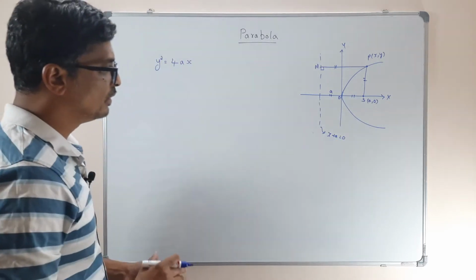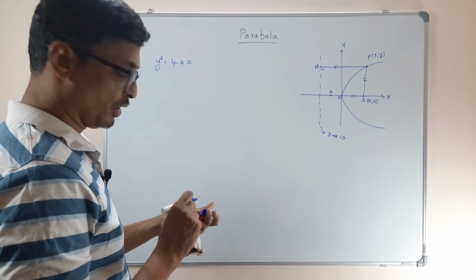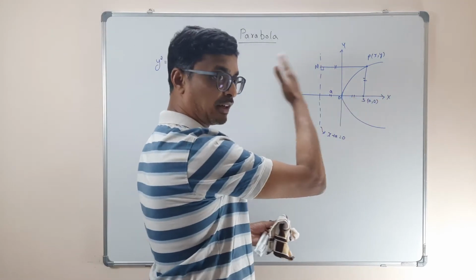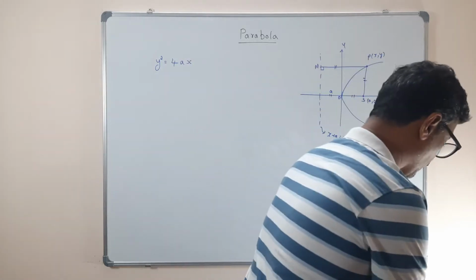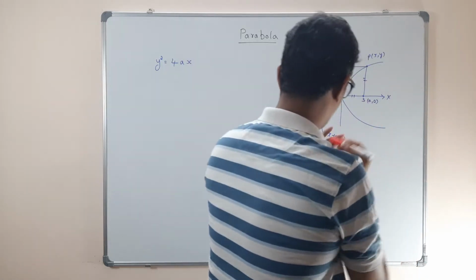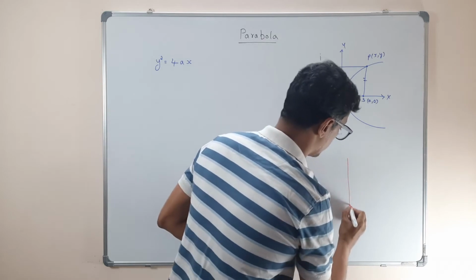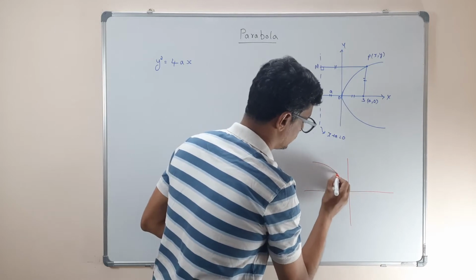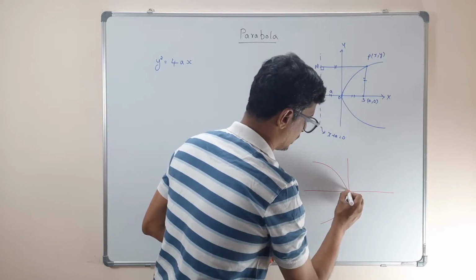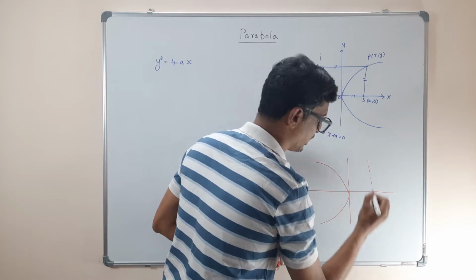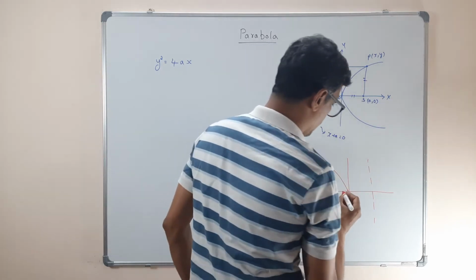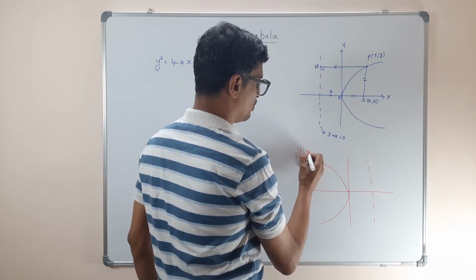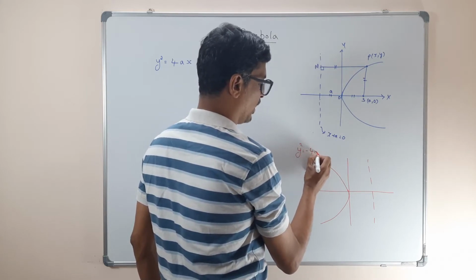Okay, so this is the parabola of this shape. This is what you call a right-handed parabola. Now we saw the left-handed parabola also. How did we do it? The same thing, we took it on the other side. This is the axis and let this be the directrix. The equation for that was y square equal to minus 4ax.